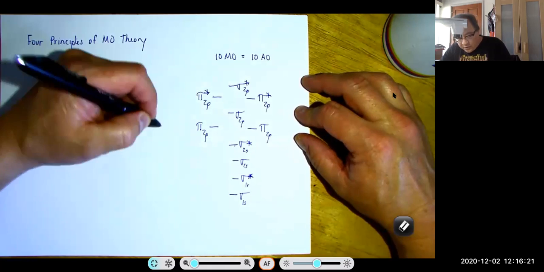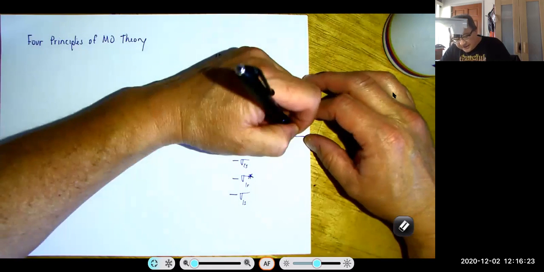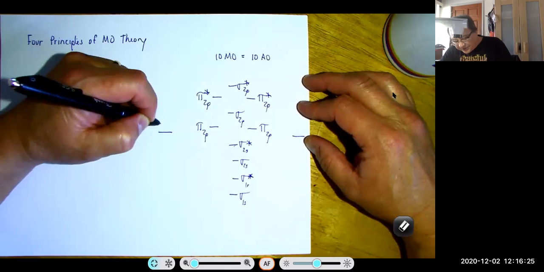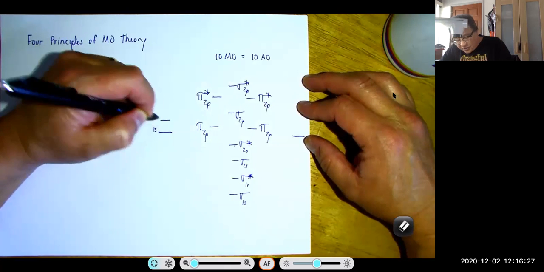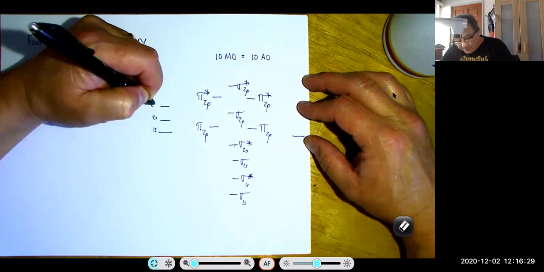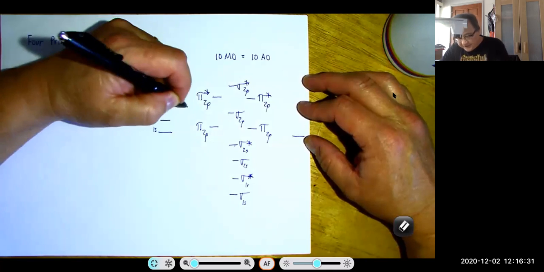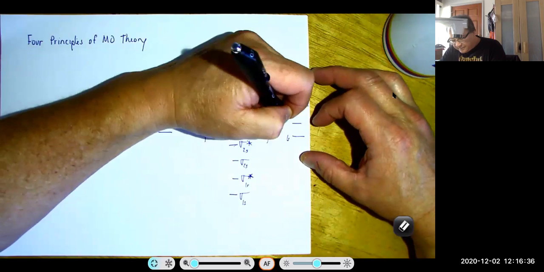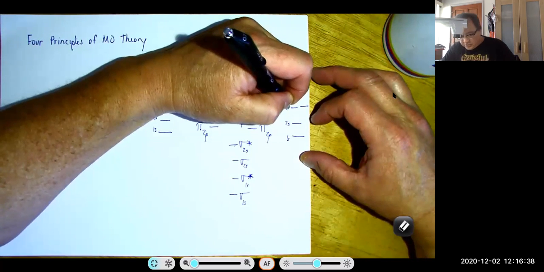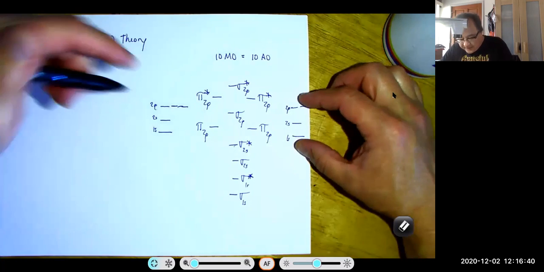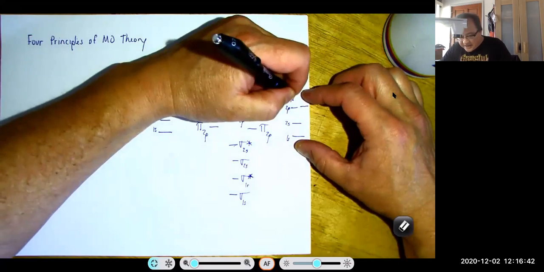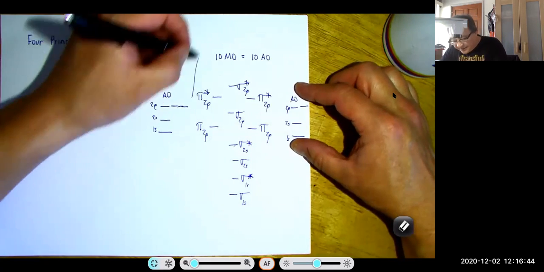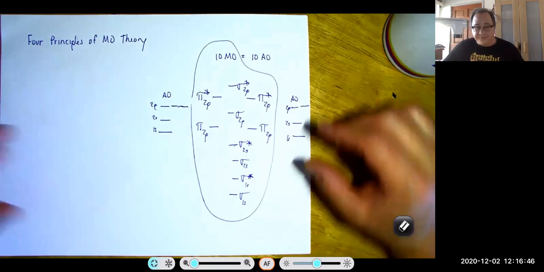So here we have 2 atoms, and this atom has a 1s, a 2s, and 3 2p's, and this atom has the same thing. So we took these 10 AOs and we made these 10 MOs.